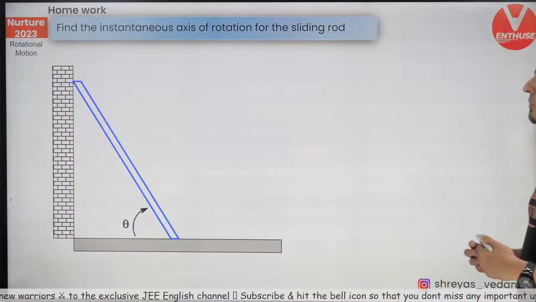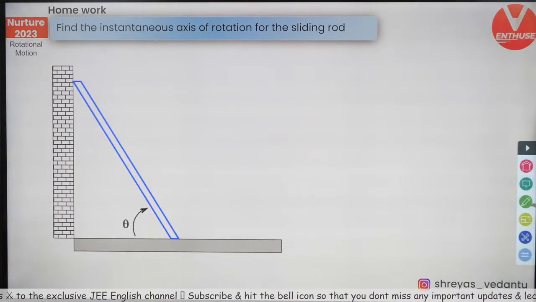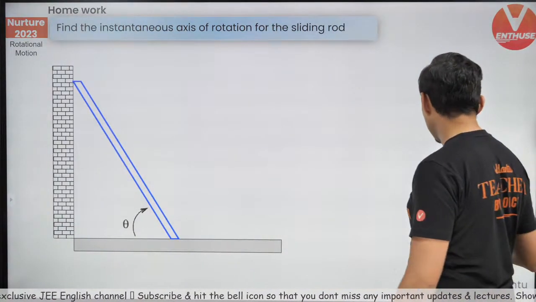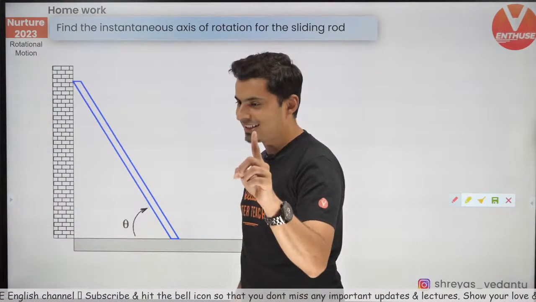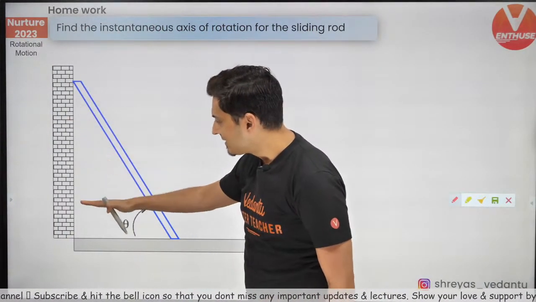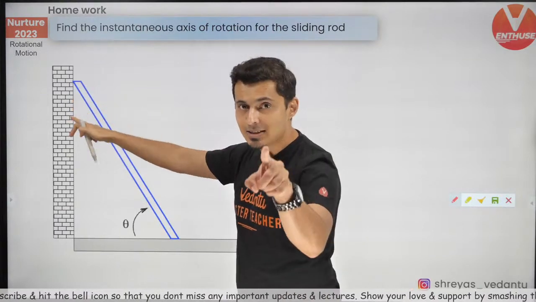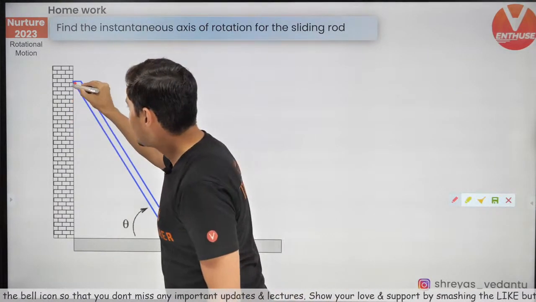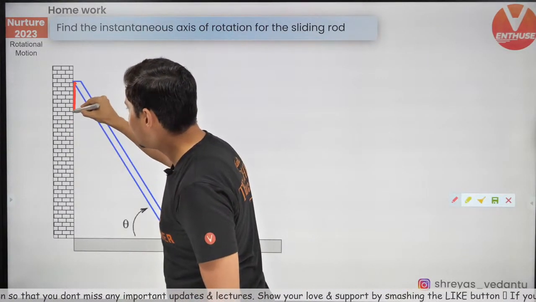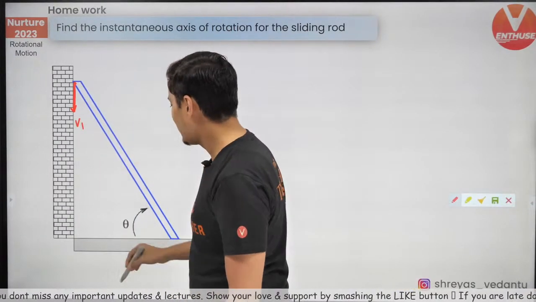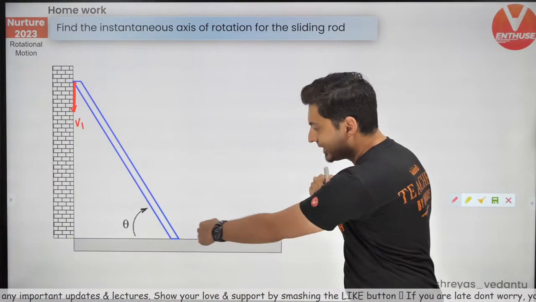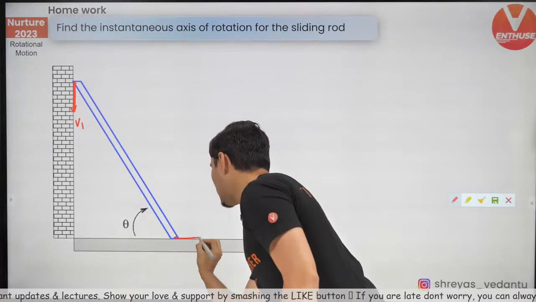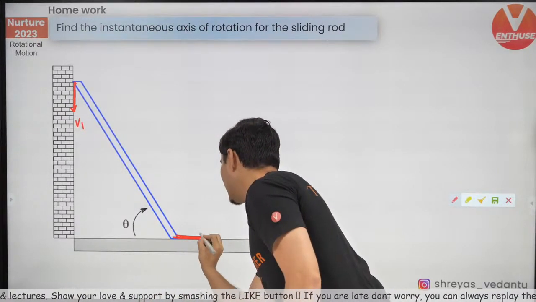So the instantaneous axis of pure rotation for this sliding rod can be found very easily. You just need two points' velocities. This rod is sliding like this. I know this end is coming down, so this point has a velocity here. This is velocity V1. The bottom end is going this way, so for sure this end has a velocity like this.